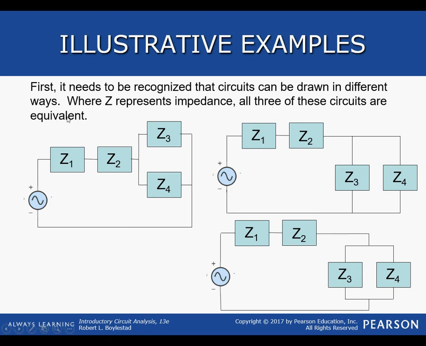All 3 of these circuits are equivalent. You have a circuit that's drawn like this, it could be drawn like this, and it could be drawn like this. They're drawn differently, but electrically speaking, all 3 of these circuits are exactly the same. So you need to familiarize yourself with that.